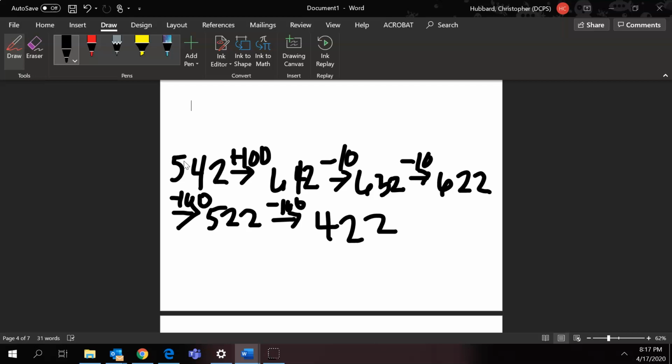Now we're doing it with 10 more, 10 less, 100 more, 100 less. The way that we do it is the same. We're just using bigger numbers. Again, this is a simplifying strategy so that we're able to add and subtract by 10 and 100 a little bit quicker. Let's try another one together.